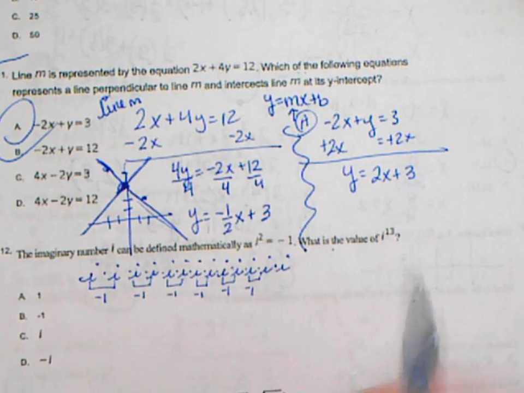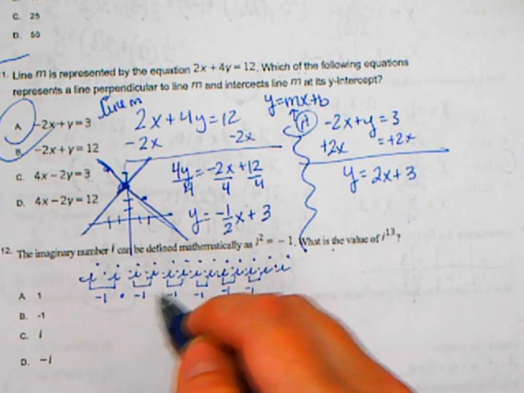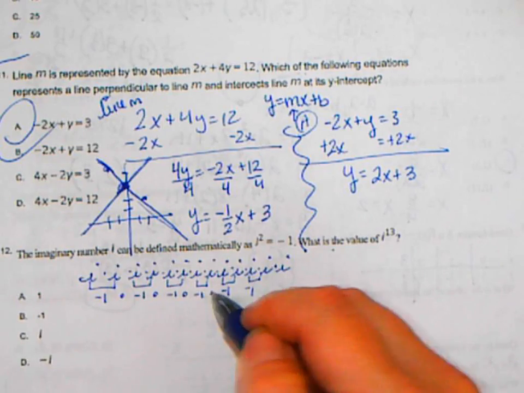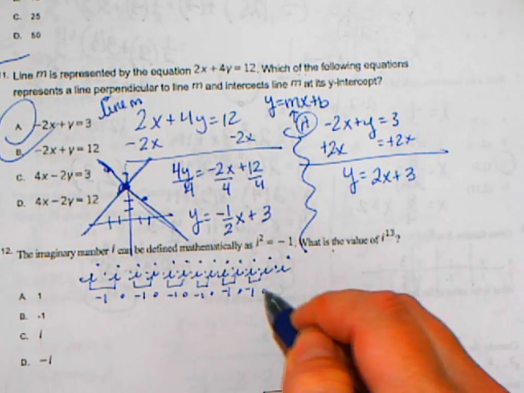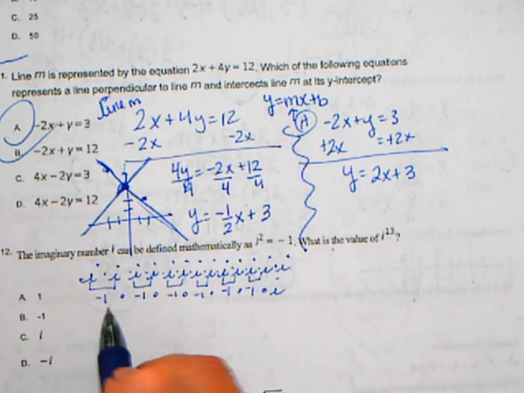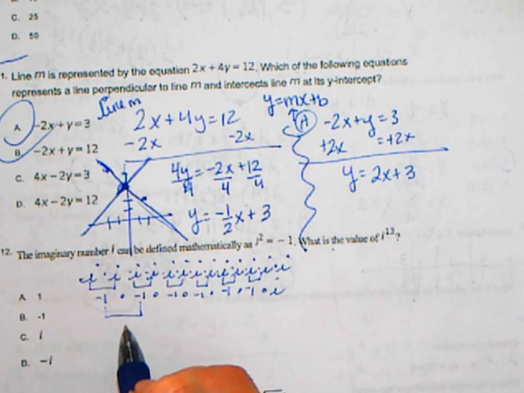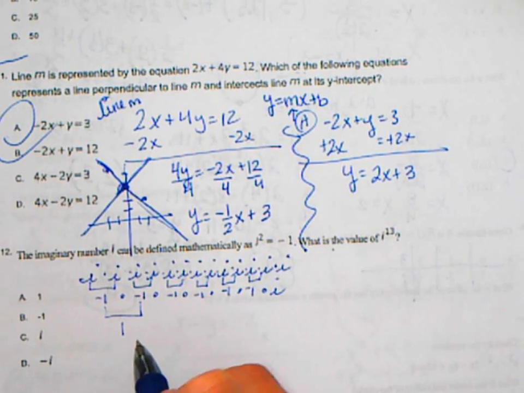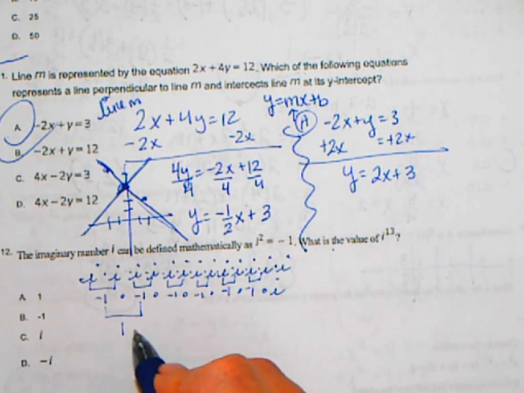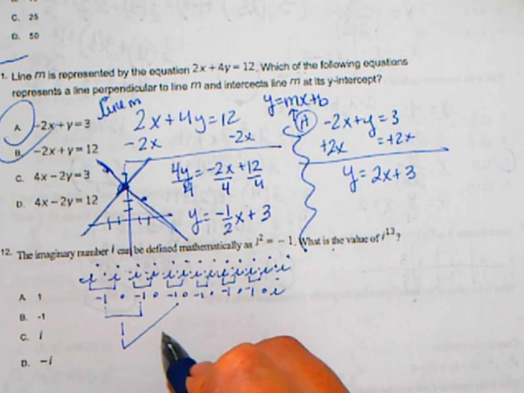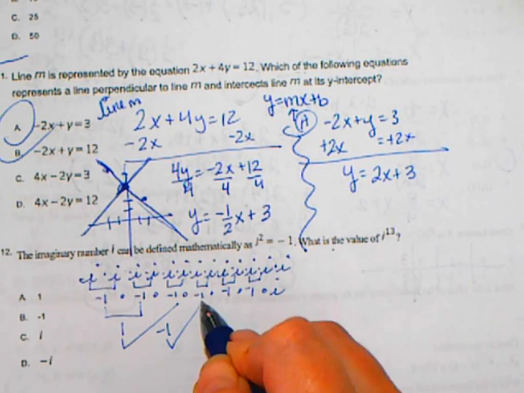And I got one i left over. So now I'm -1 times -1 times -1 times -1 times -1 times -1 times i. What's a -1 times a -1? Positive 1. And I said, what's a positive 1 times -1? -1. What's a -1 times -1?